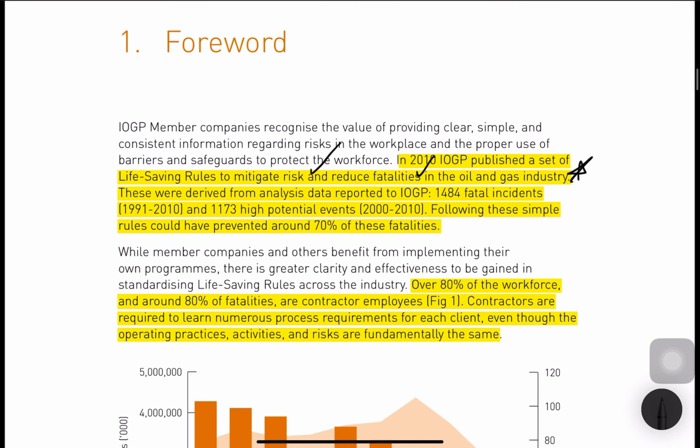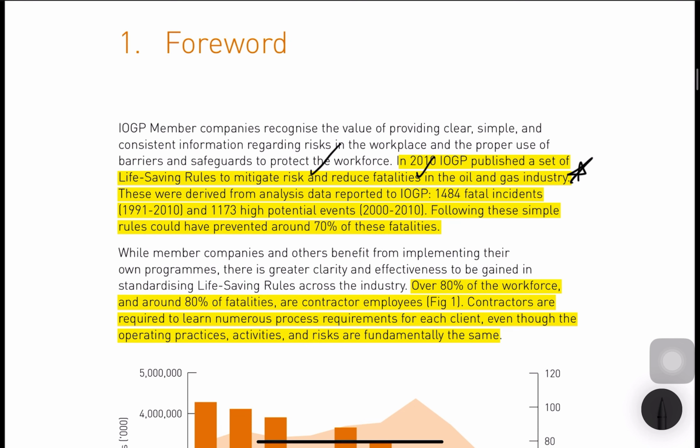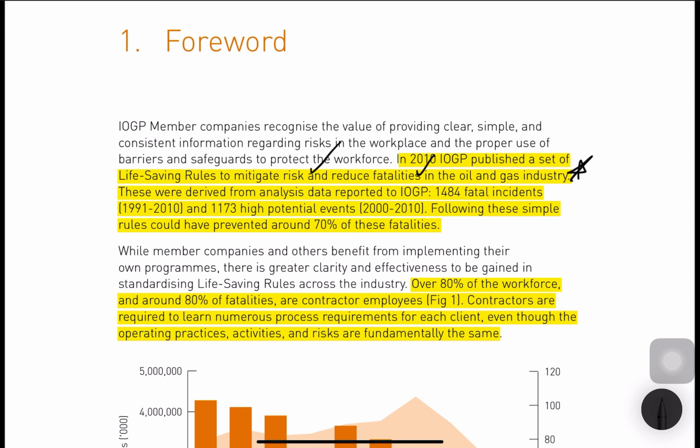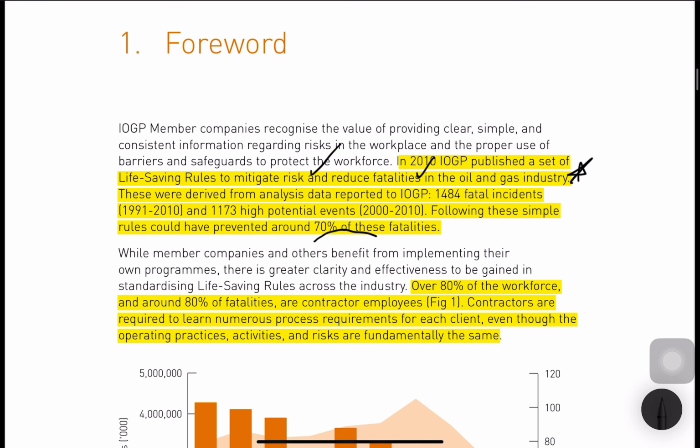These were derived from analysis of data reported to IOGP: 1484 fatality incidents and 1173 high potential events. Following these simple rules could prevent around 70% of fatalities. So if you implement these 9 life-saving rules correctly, it could actually prevent 70%.